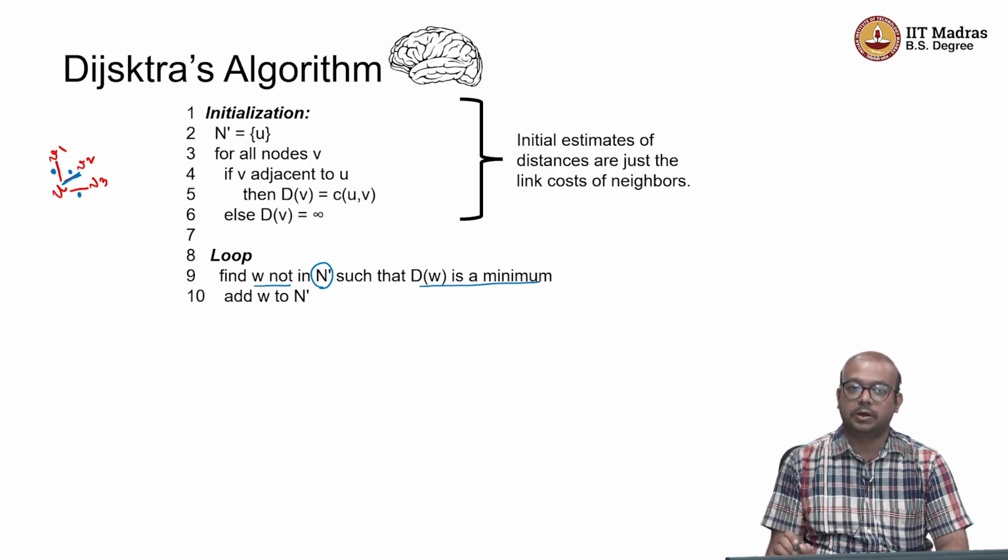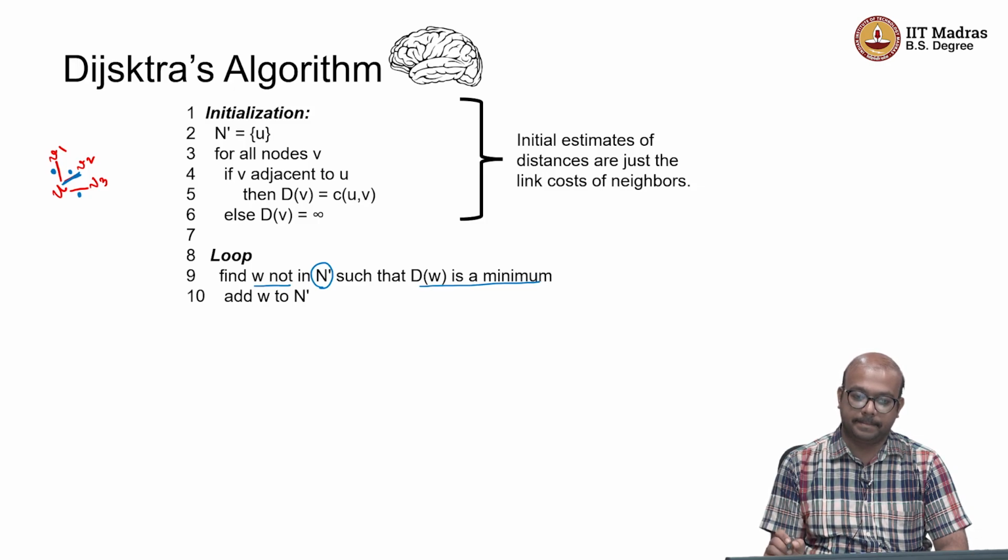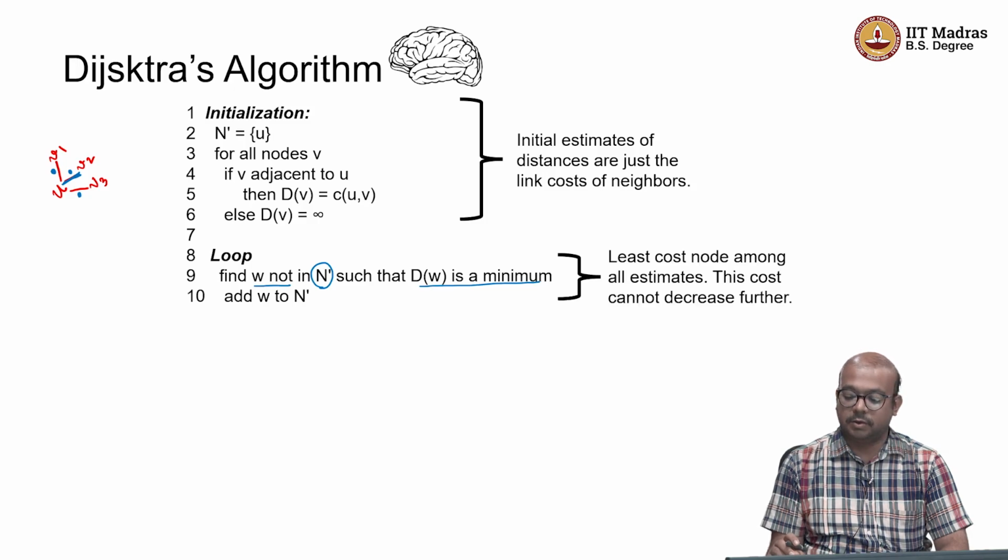D(w) is the cost of the path from your source to w, okay. And if it is minimum, I should be putting my node w into N prime, okay. So, this is what we have to do. So, the least cost among all the estimates, okay, because there cannot be a better estimate.